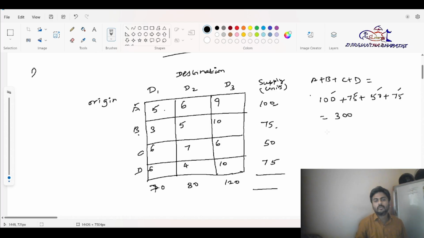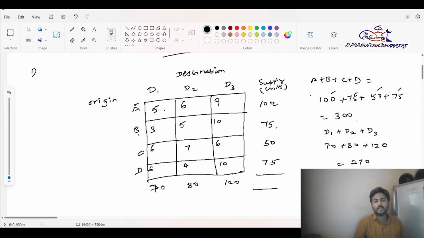Now D1 plus D2 plus D3, you are having 70 plus 80 plus 120, that is equal to 270. So 300 is not equal to 270. So you need 30 more.